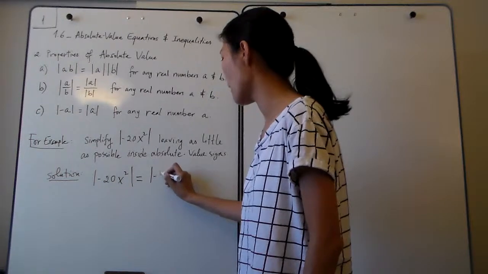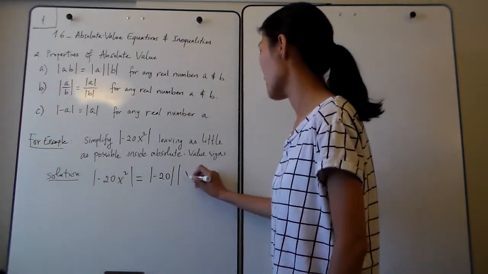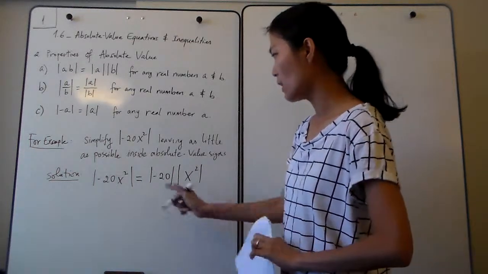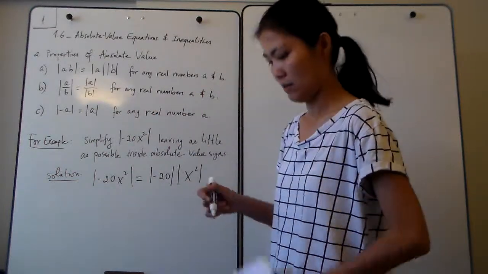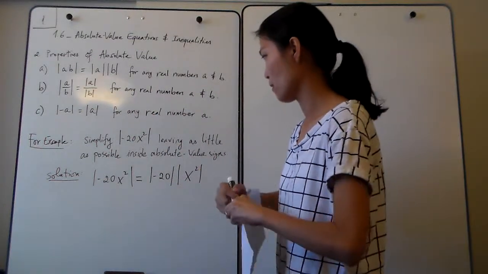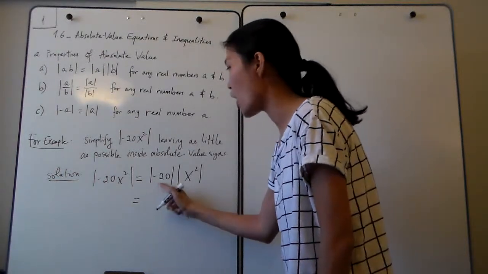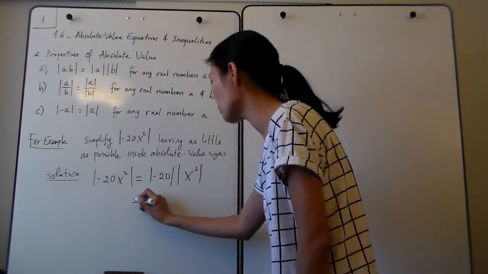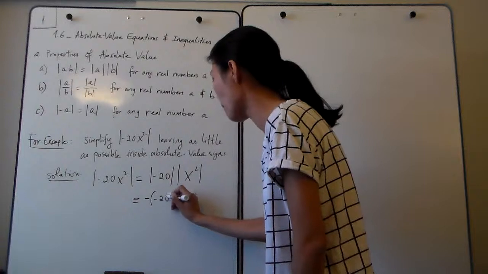So we have absolute value of negative 20 times absolute value of x squared. Okay. Now, refer back to the definitions of the absolute value. This will equal, because the inside, negative 20, is negative, when you simplify, it will equal the negative of this number, negative 20.